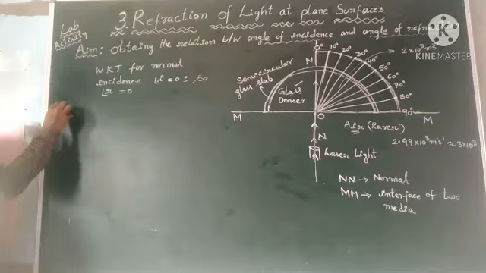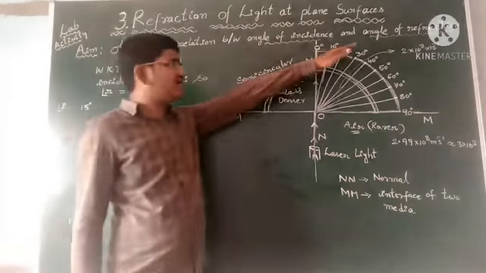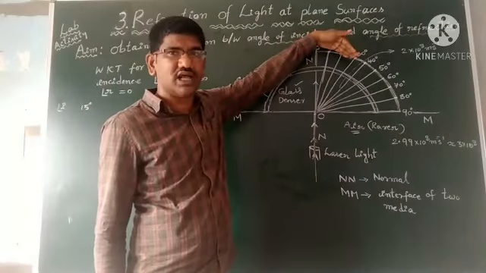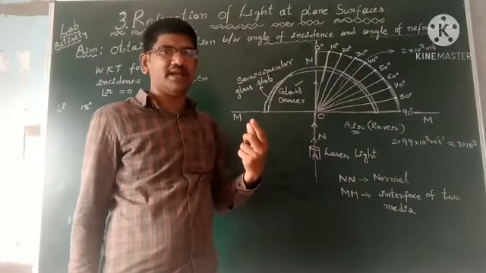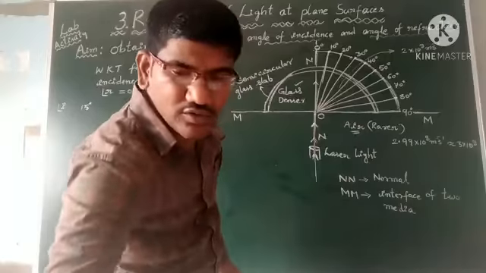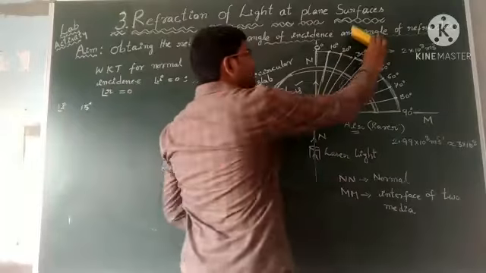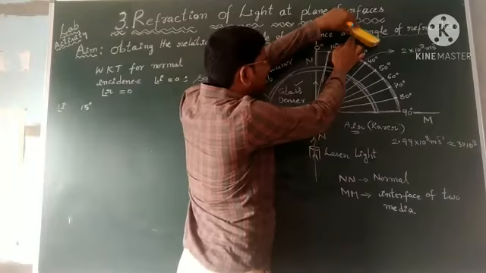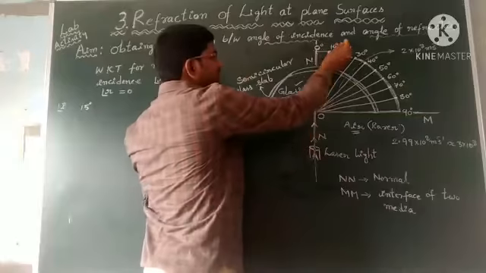Now I am taking the angle of incidence. You can take 15 degrees and identify the refracted light ray from the other curved surface of the semicircular glass slab. To identify that, keep a small black painted wooden plank here and send the laser light. You will get its patch, and see what angle that patch makes with the normal.